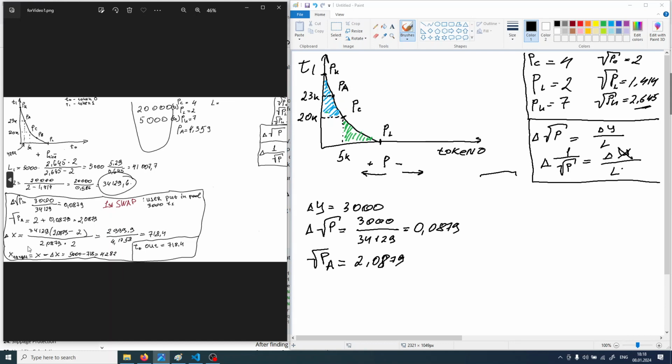Okay, and from this equation we have the value of delta x, so we can calculate delta x here, and it is the value of token 0 which the user will receive from the swap.